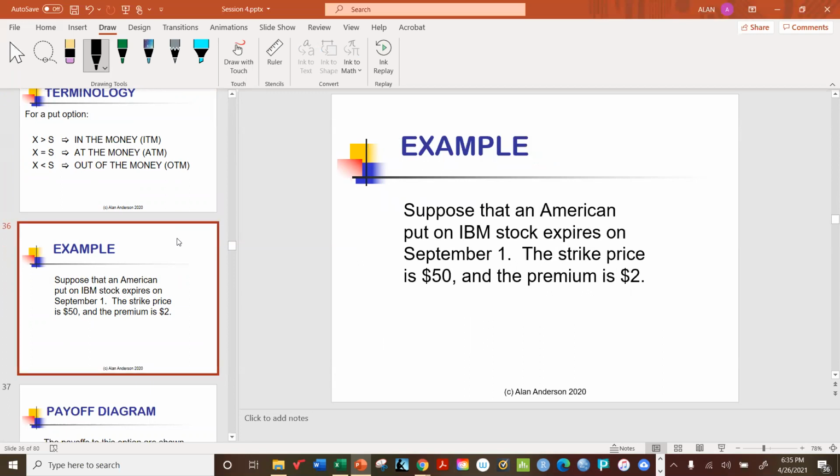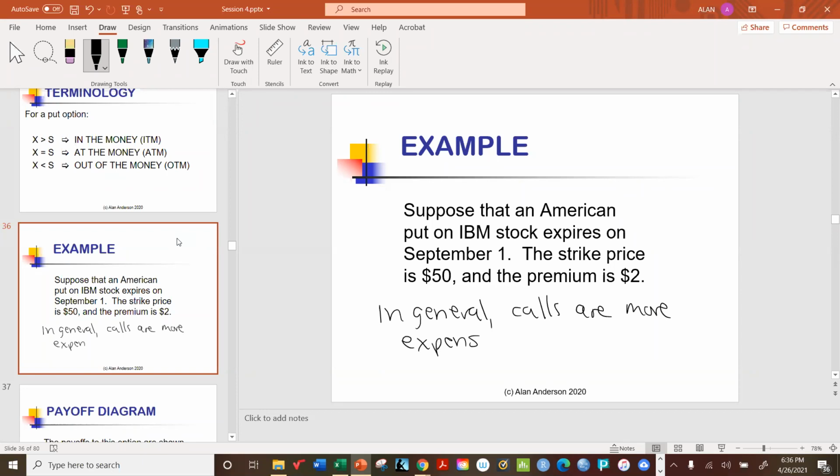So suppose that an American put on IBM stock expires again on September 1st. The strike price is 50. This time the premium is only $2. So let me make a note here, and we'll get to this later on. In general, calls are more expensive than puts, assuming that they're identical.